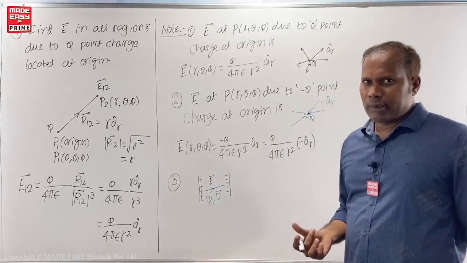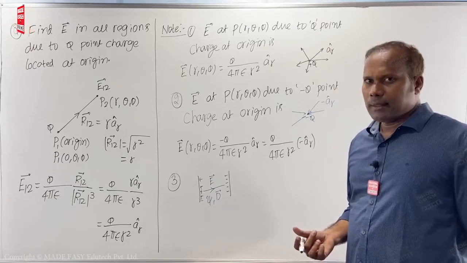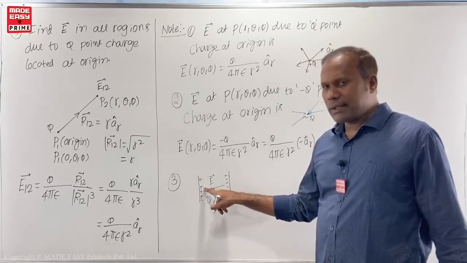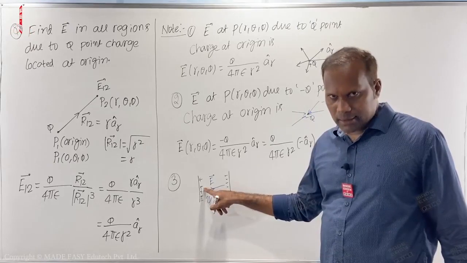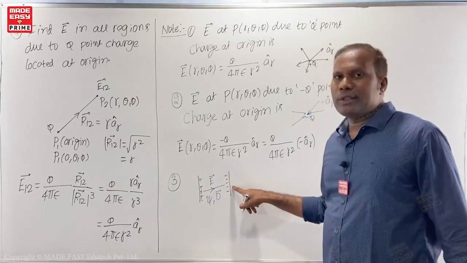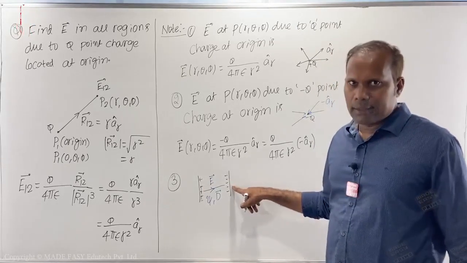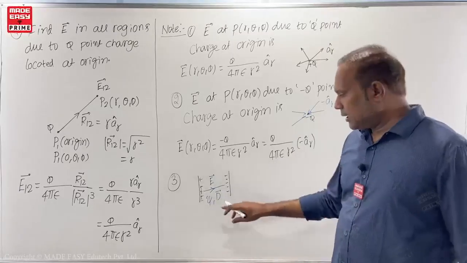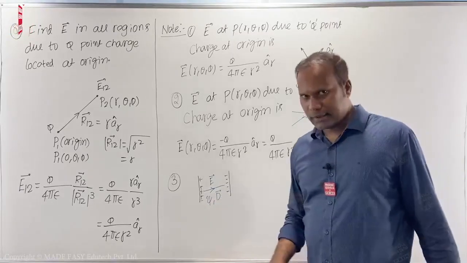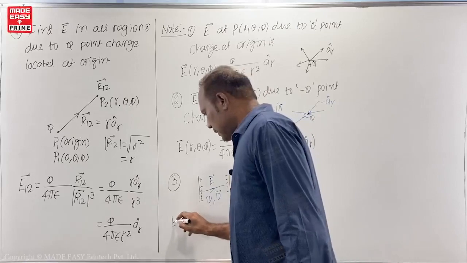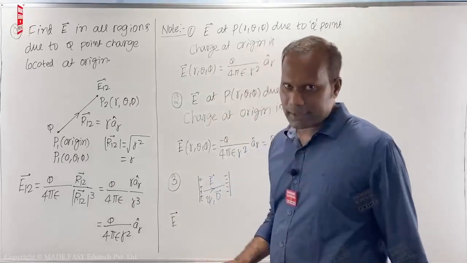Electric field intensity vector is perpendicular to the positive charge surface in outward direction and perpendicular to the negative charge surface in inward direction. That is the statement. And these two also are in the same direction. So, E bar, that means electric field intensity.